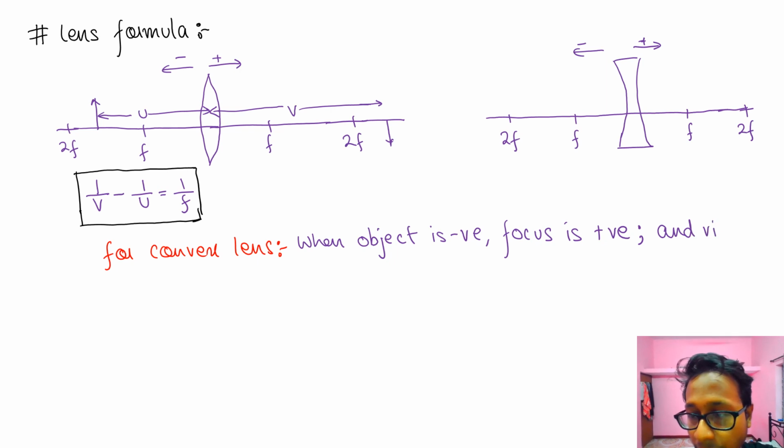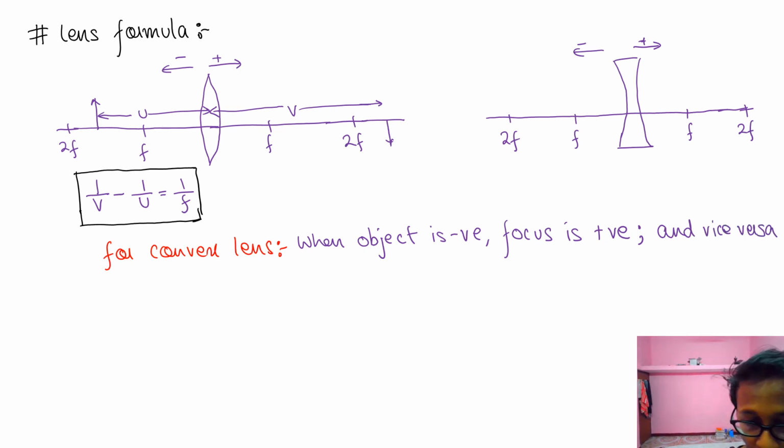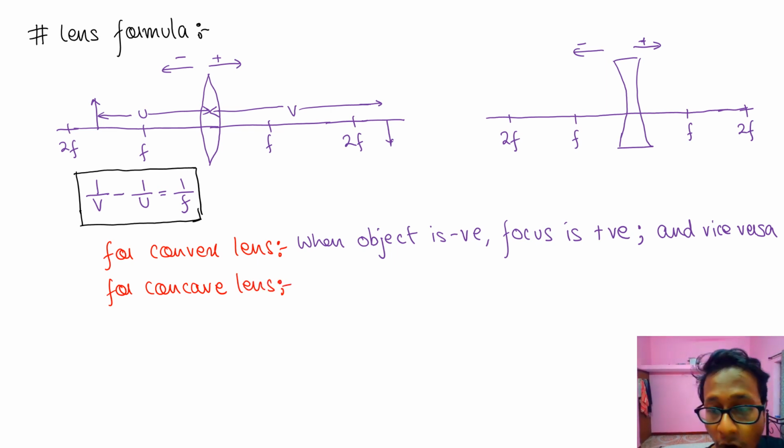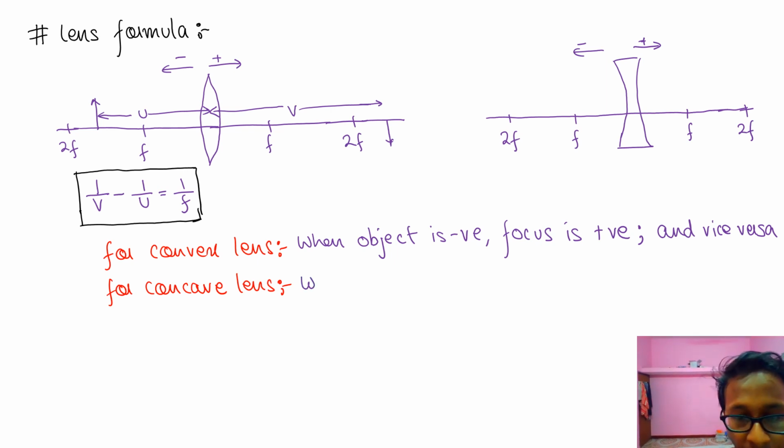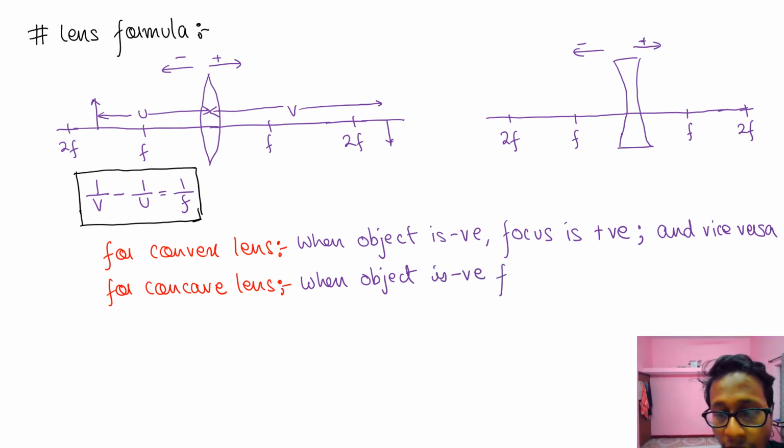And for concave lenses, when the object is negative, focus is also negative, and vice versa.